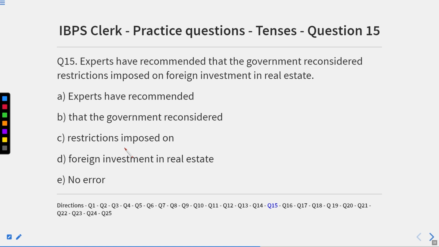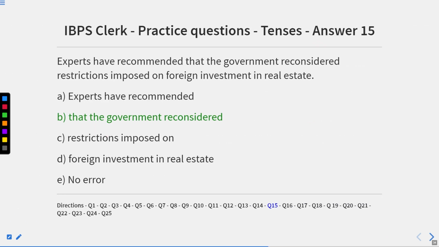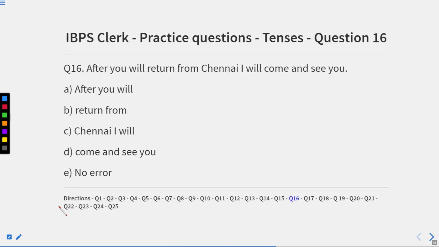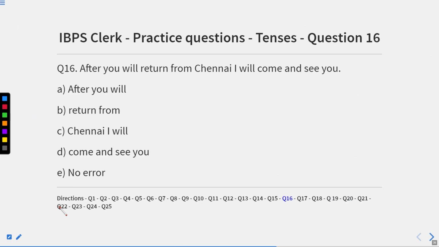So there is an opinion, there is a suggestion. Therefore this "reconsidered" is incorrect. It should be "should reconsider". So the error is in part B, where "reconsidered" should be replaced with "reconsider". Now let us move to the next one.